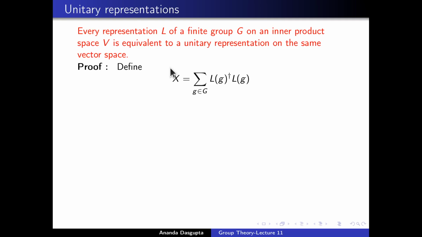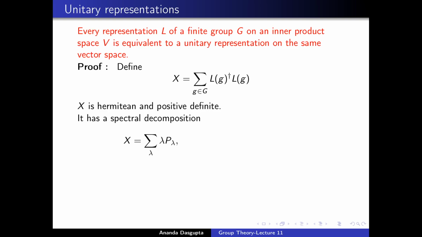Now, each of the terms in this sum are Hermitian and positive definite, which means that the sum X is a Hermitian and positive definite operator. Now, it's a very standard property which we learn about in linear algebra that any Hermitian positive definite operator has a spectral decomposition of the following form.